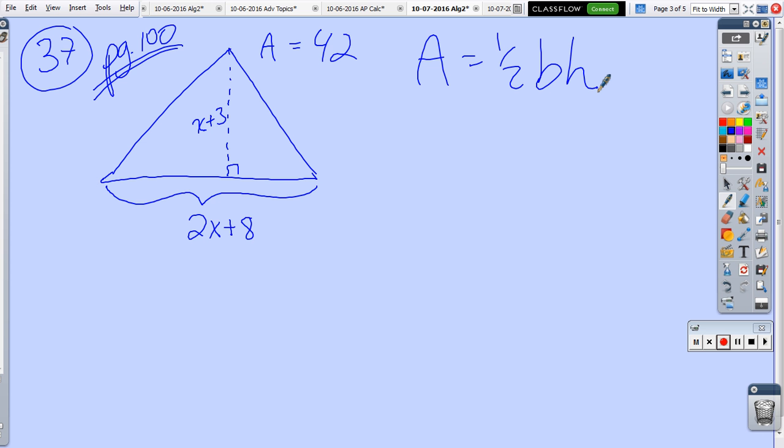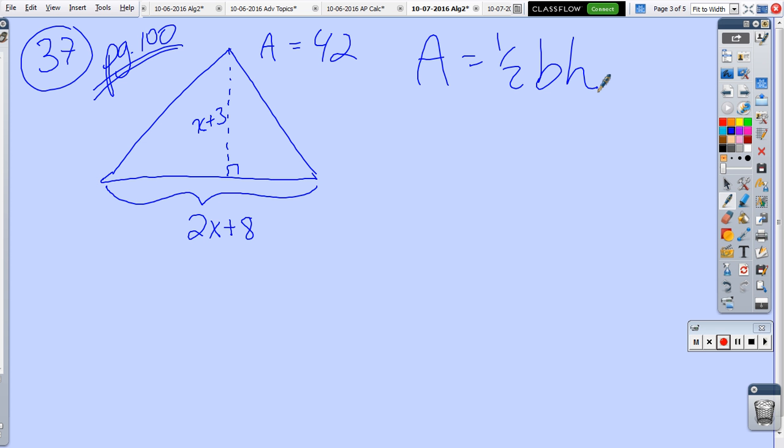So if two triangles make a parallelogram, what's the area formula for a parallelogram? Base times height. 2 times 1/2 is 1, so you're just left with base times height. A parallelogram is one of the simplest formulas.